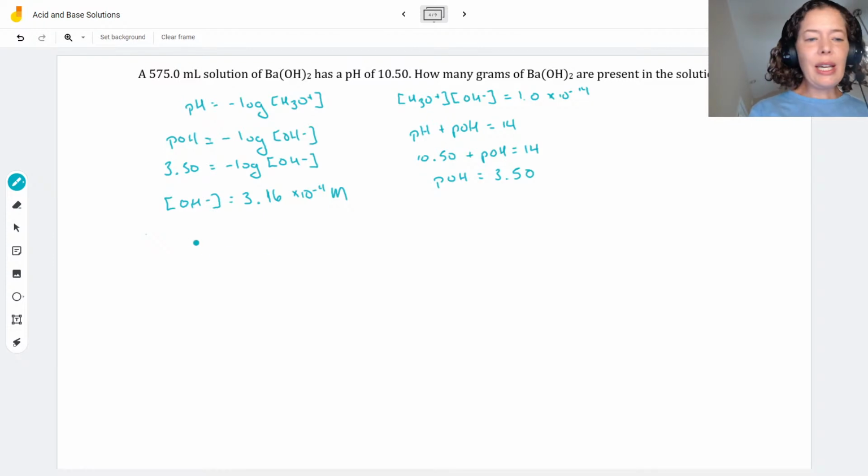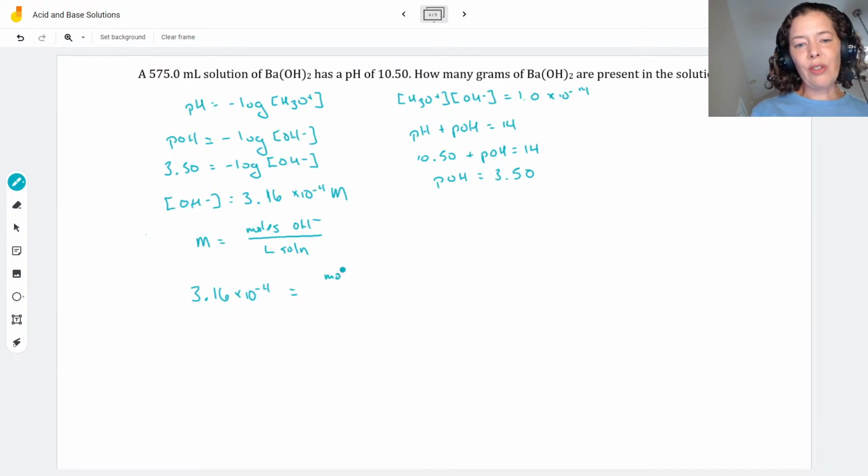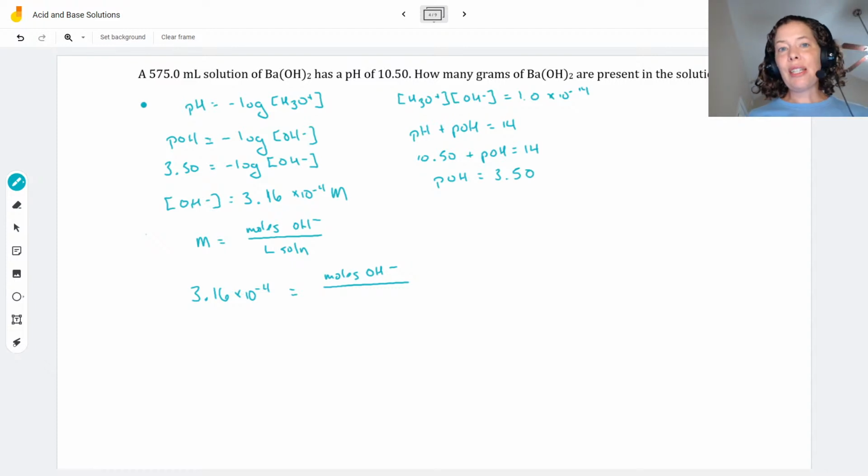So remembering again, molarity is moles of solute, which in this case is moles of hydroxide, over liters of solution. I know my concentration, I just calculated it: 3.16 times 10 to the negative fourth. I'm calculating my moles of hydroxide, so that is my variable. And for my liters of solution, that came from the problem, my 575 milliliters.